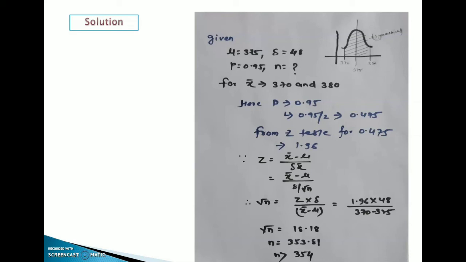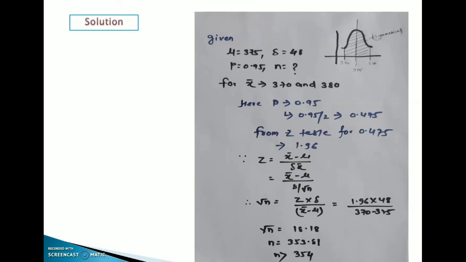We will get the value 1.96. So here Z is equal to 1.96, and mu is 375. We all know the formula of Z is x bar minus mu divided by sigma x bar, and sigma x bar can be written as sigma divided by square root of n.